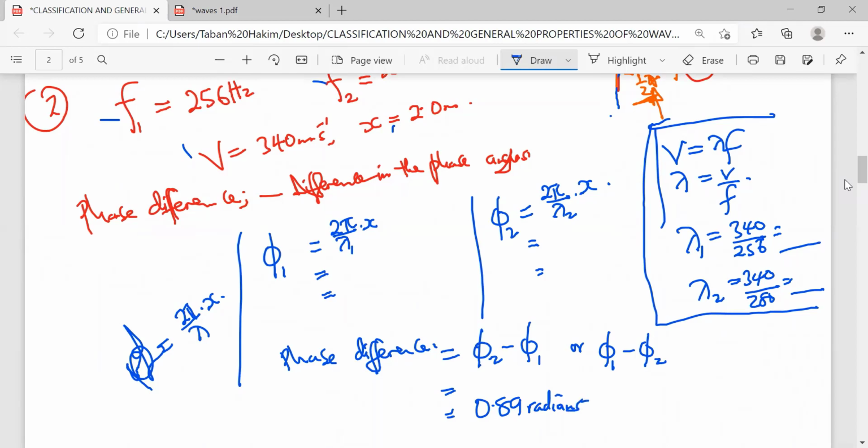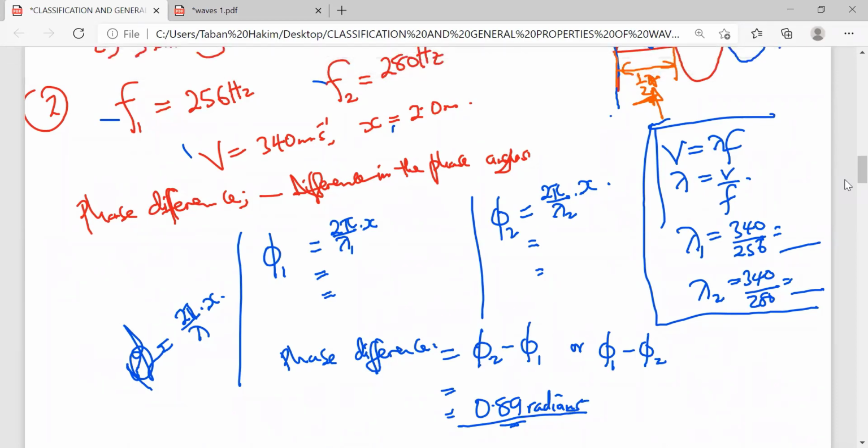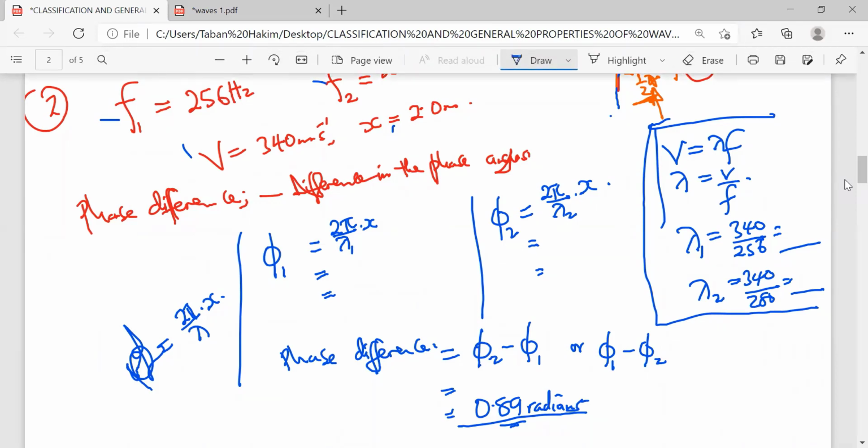And by the way, I'm showing you, working from first principles, from the basics, what you need to know. But in case you know what you're doing, you can just use one single equation and summarize everything. Someone can say that the phase difference is given by the formula 2 pi x times (1 over lambda 1 minus 1 over lambda 2).